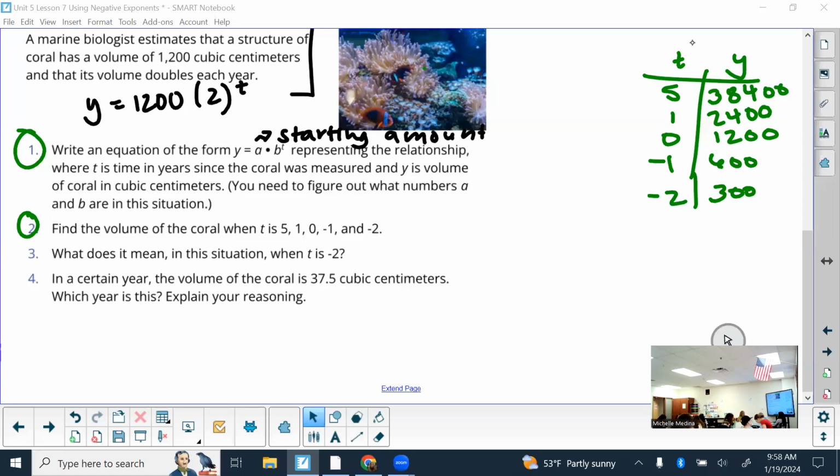Okay, table 3, when t is -2, what does that mean? Do we normally have negative times? I'm trying to walk you there, so hear what I'm saying.